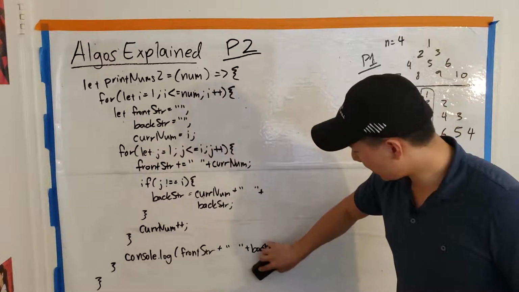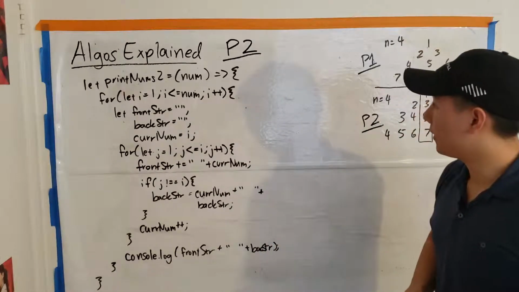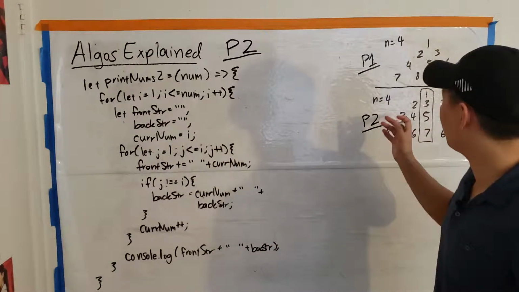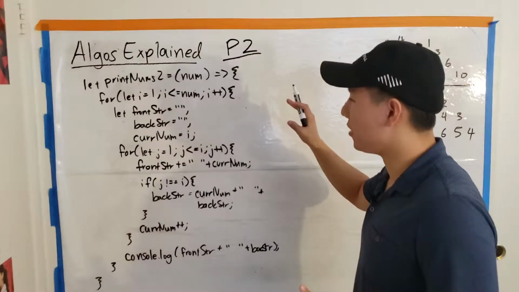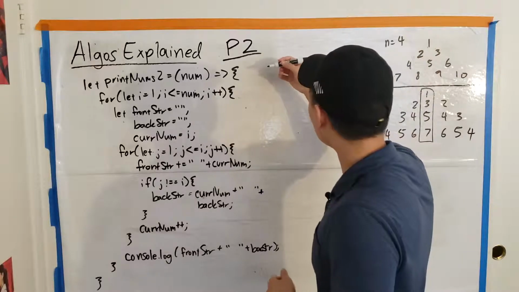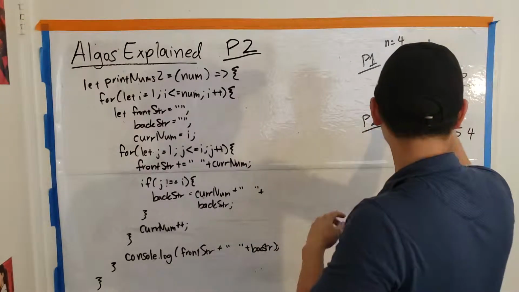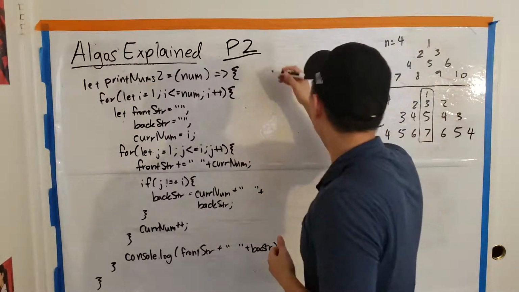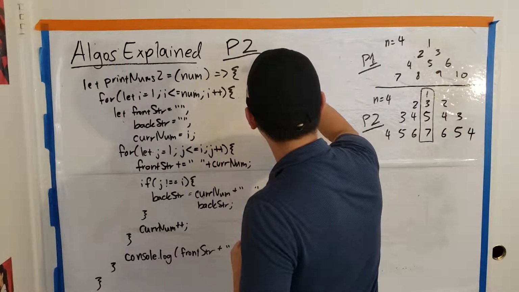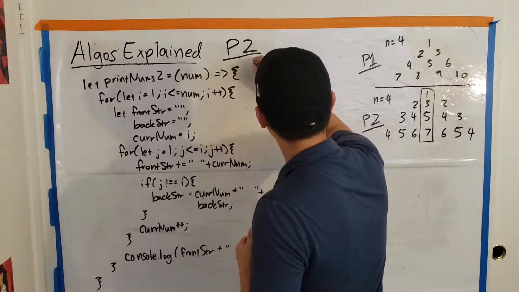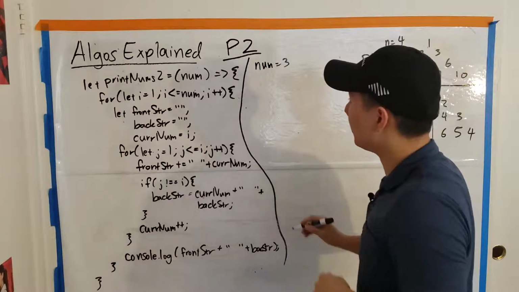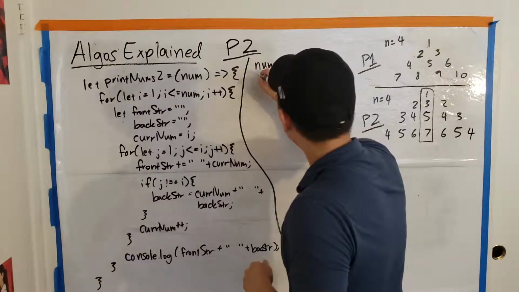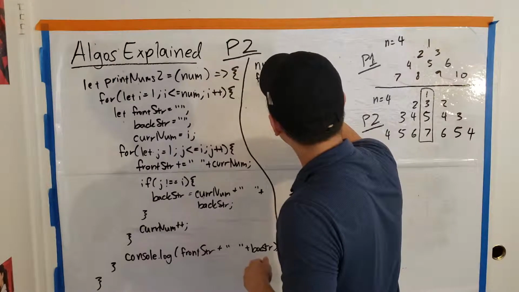And so let's go ahead and plug in some numbers, see what it gives us, and if there are any errors in the code, we'll find it. So let's do n equals 3 for simplicity's sake. Num equals 3. And what we'll do here, we'll keep track of front string.